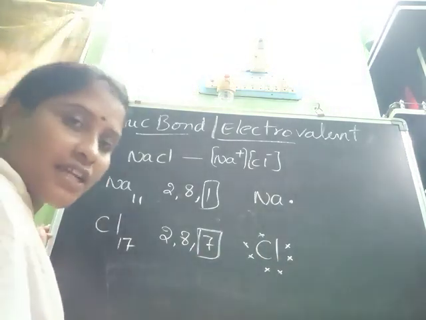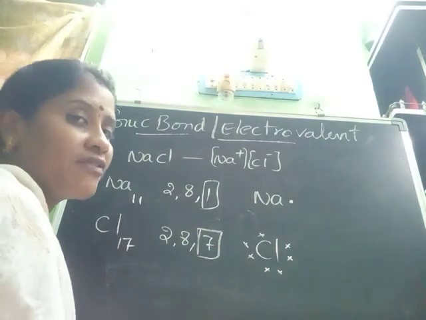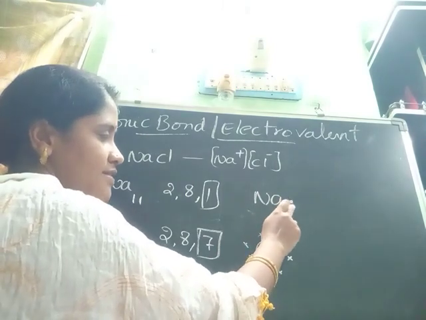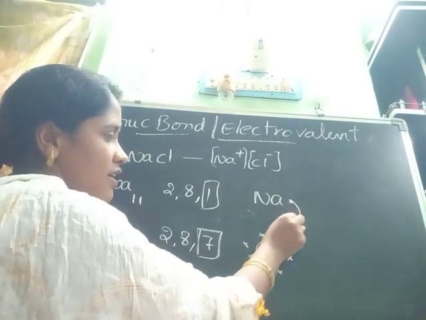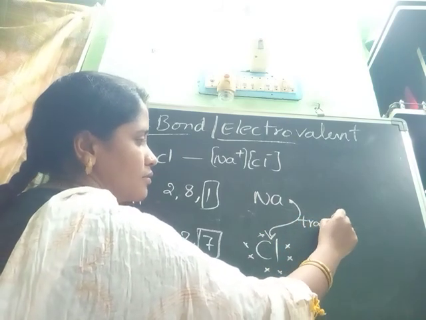Each and every element tries to get stability. What I said: ionic bond means transfer of electrons from one atom to another. This sodium contains 1 extra electron, and this 1 electron will transfer to chlorine.